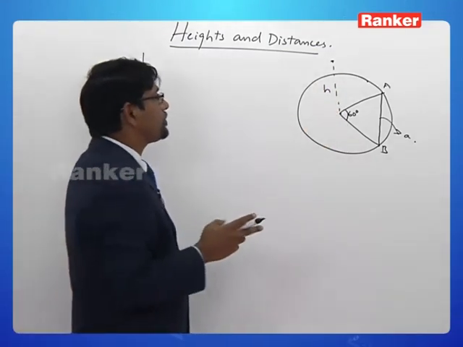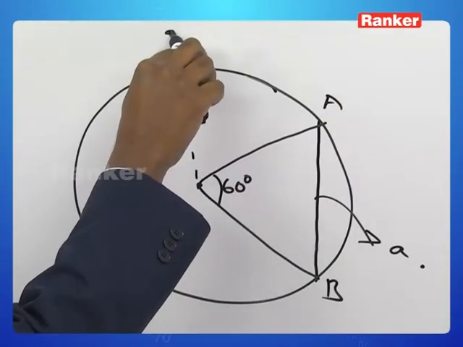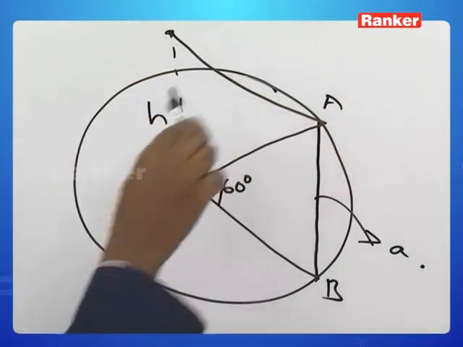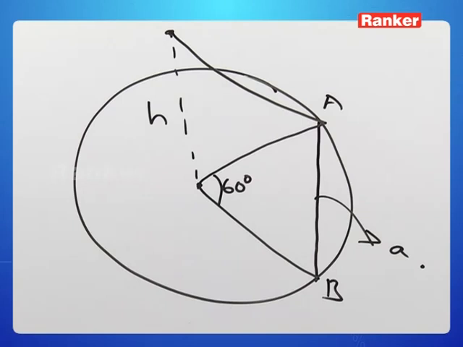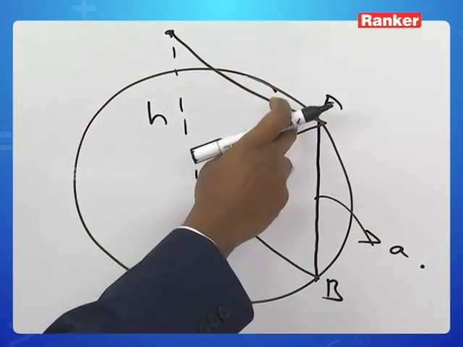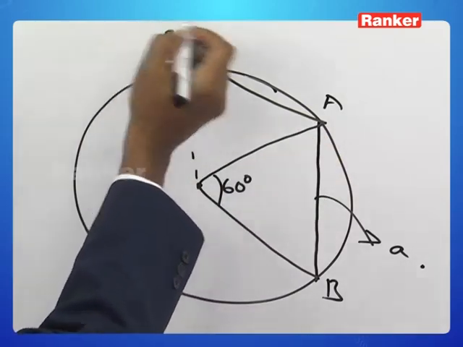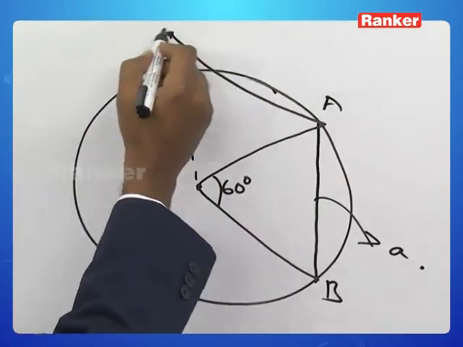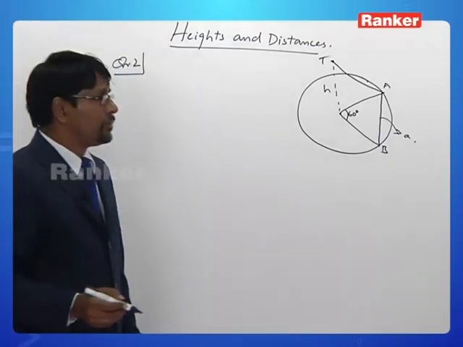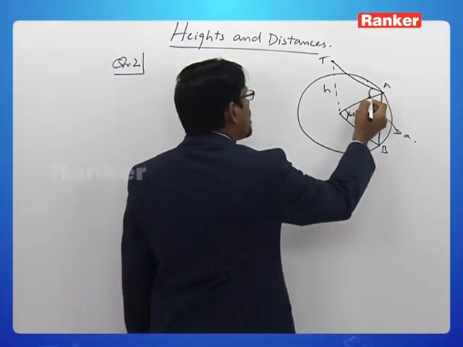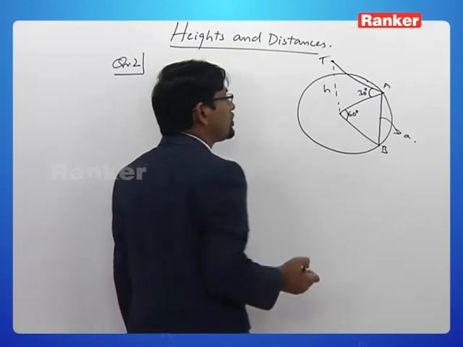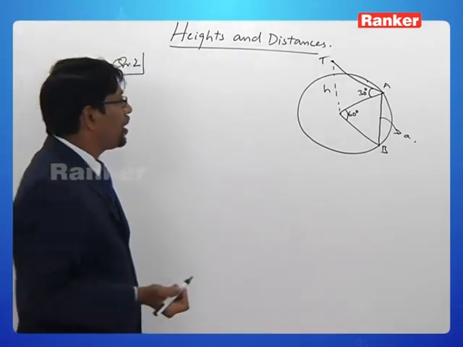Observe that he says the angle of elevation from A to the top of the tower, let's call this T, the top of the tower, is 30 degrees.